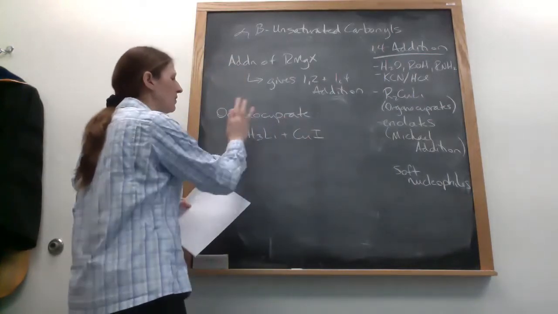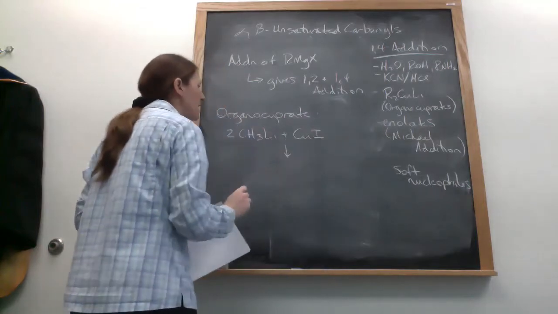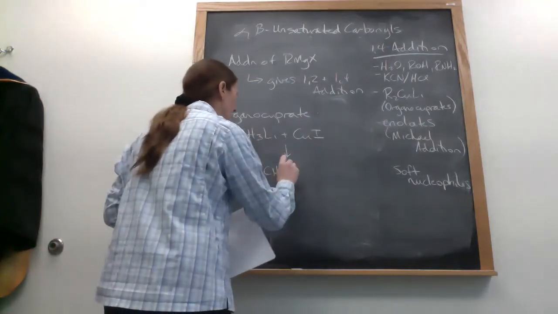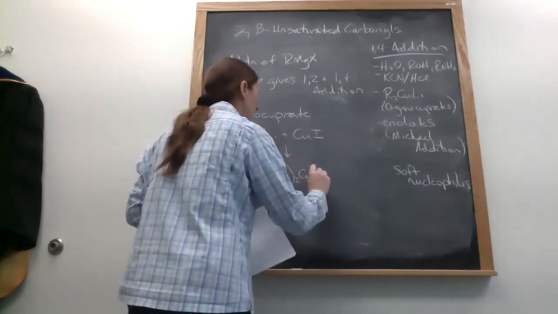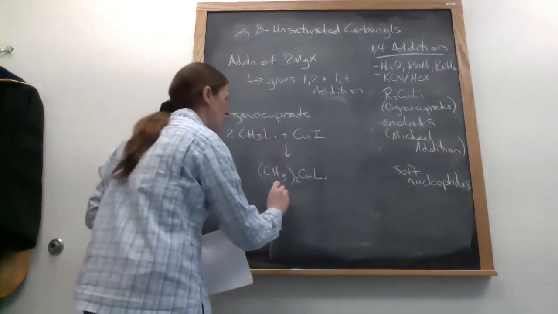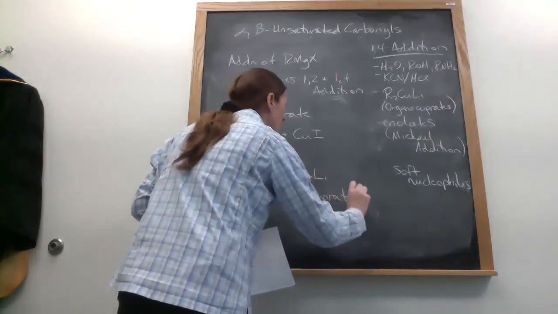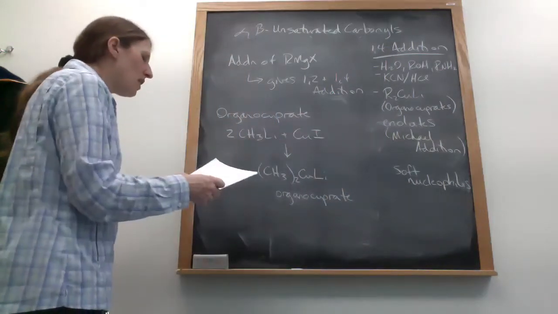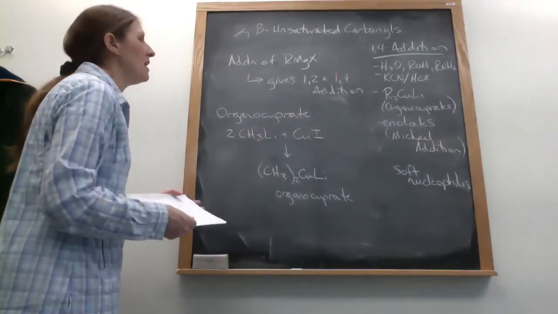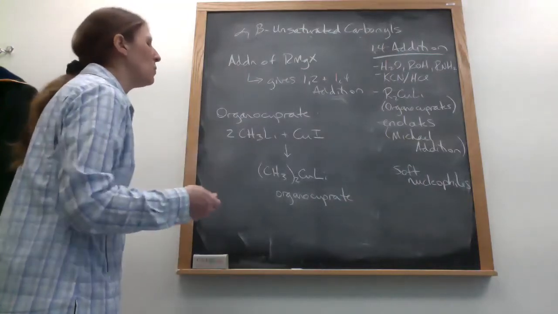So if I mix 2 methyl lithiums and a copper iodide, the reagent that I get out is (CH3)2CuLi. This is known as an organocuprate. It reacts like a soft nucleophile, and for alpha beta unsaturated carbonyls, it adds 1,4.